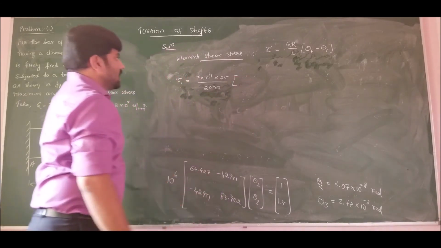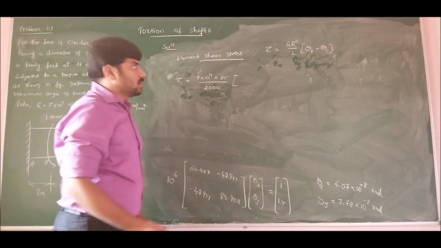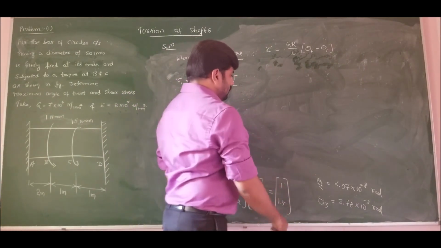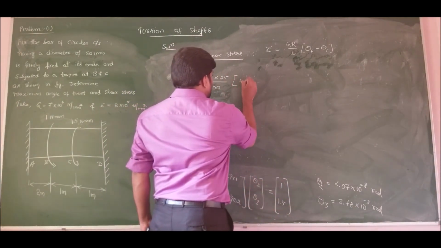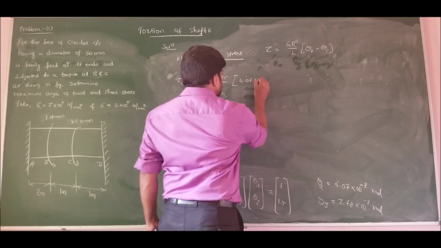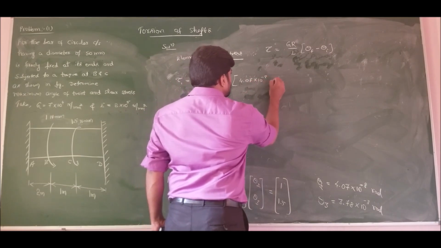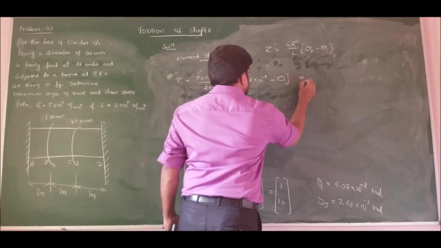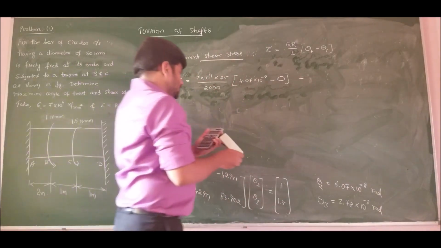Theta for element 1 is theta 1 and theta 2. The final is theta 2, the initial is theta 1. Therefore I will get 4.07 into 10 to the power of minus 8, theta 2 minus theta 1 is 0.